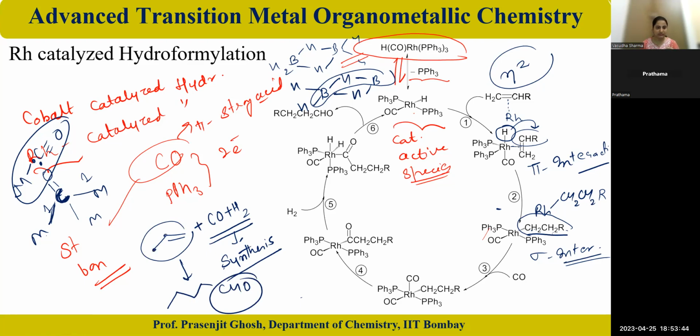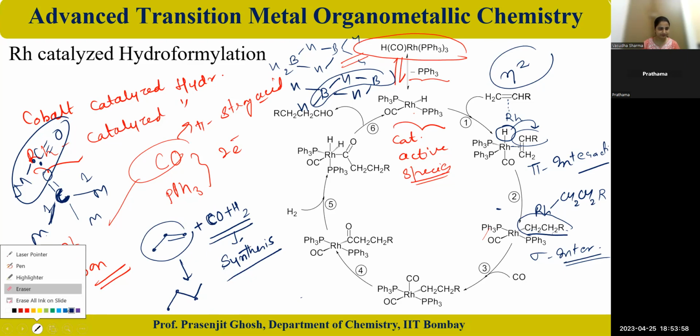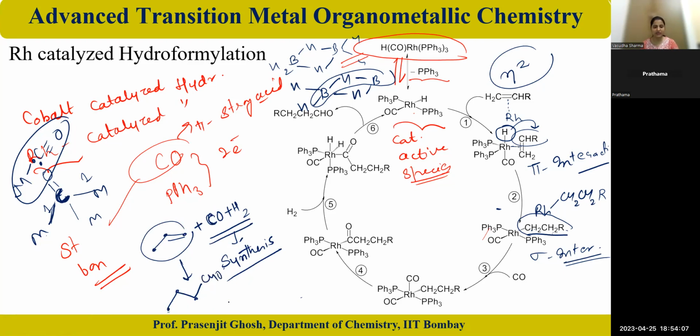If you see, there are 3 carbons. Since we are adding 1 more carbon, it becomes 1, 2, 3, and 4. So the carbon chain grows by one, going from alkene to aldehyde. That is what we call hydroformylation, or the oxo process.